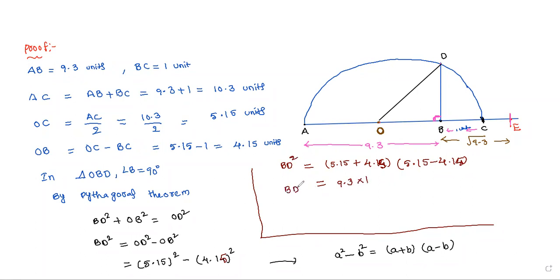BD square equals 9.3. BD is equal to root of 9.3. BE is also root of 9.3, so BE is equal to BD. Proved, or verified.